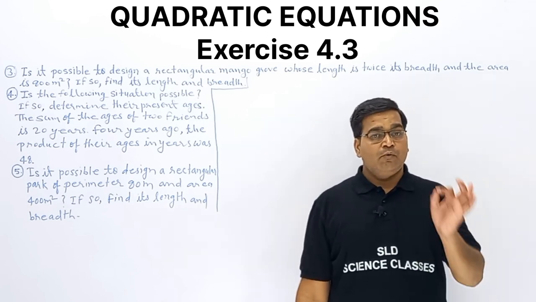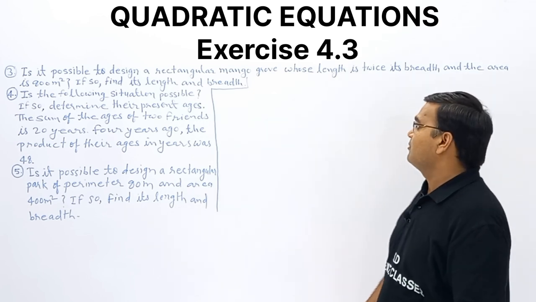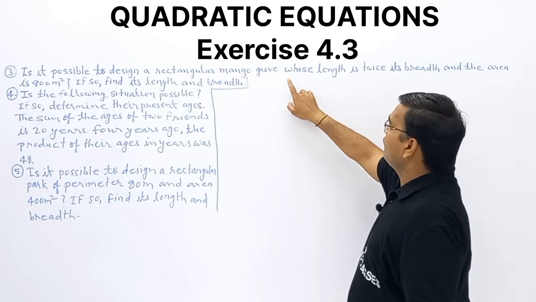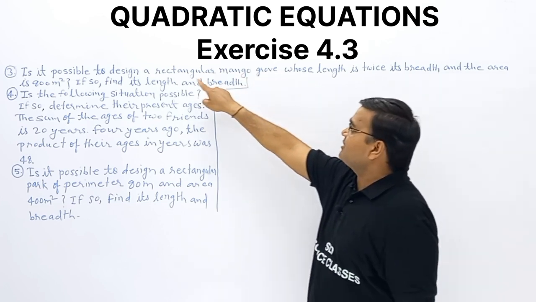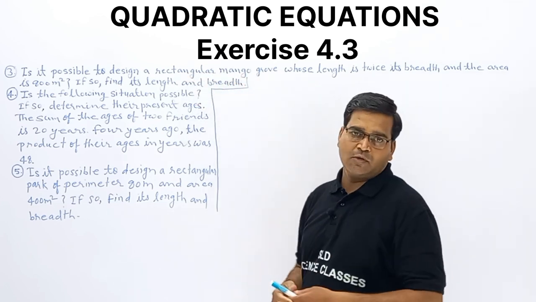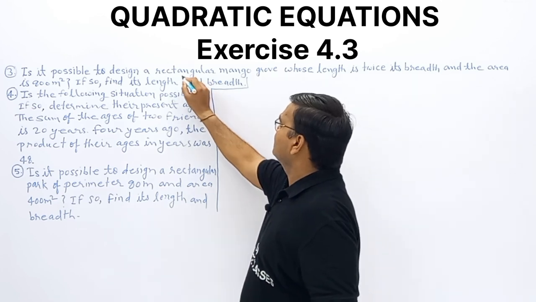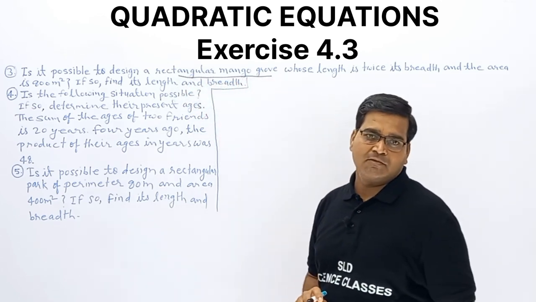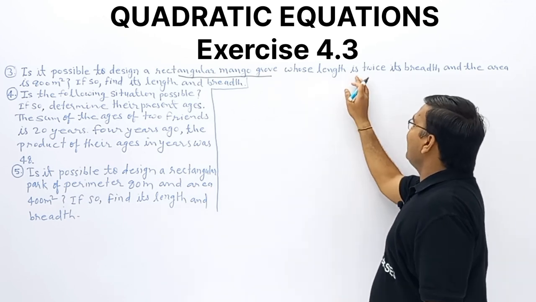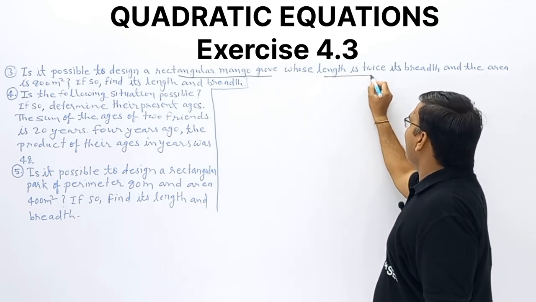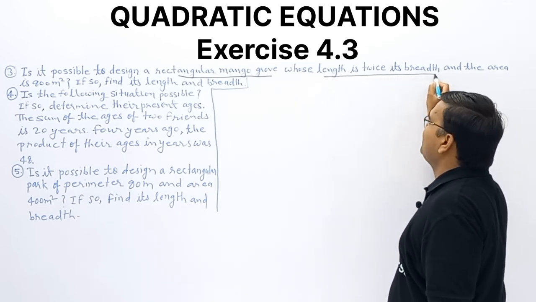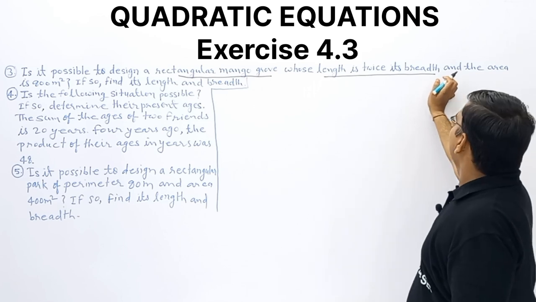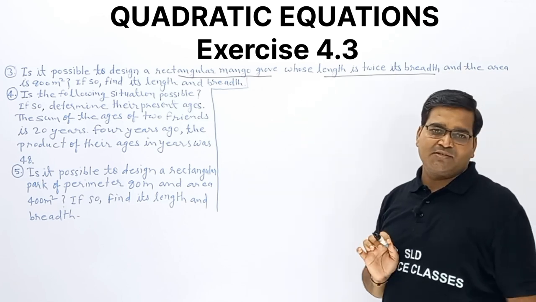We have one situation. We want to design a rectangular mango park, a grove, whose length is 2 times its breadth, and the area is given to us.